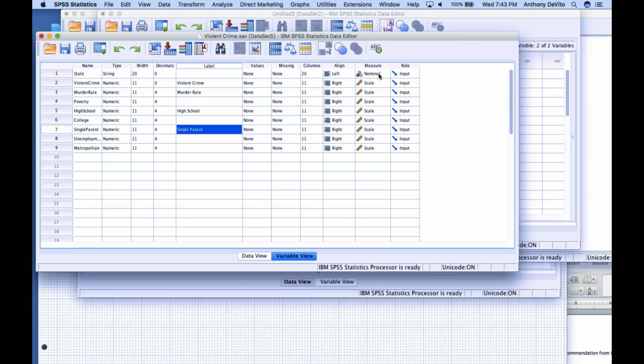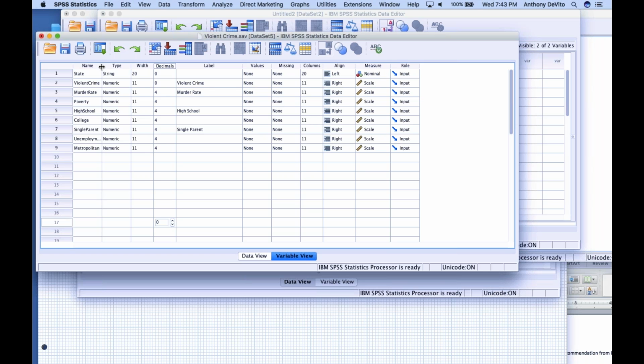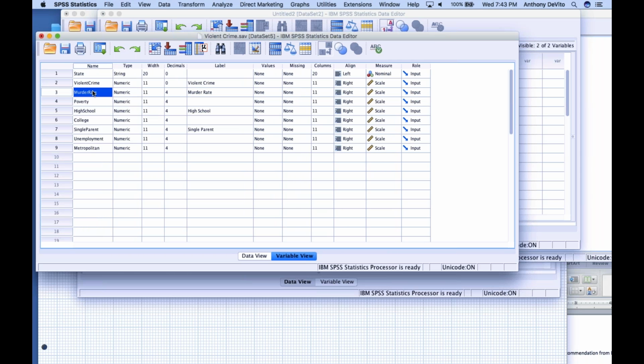Okay, but these are all scalar variables. The violent crime rate in each one of these states is probably the number of crimes per 100,000 individuals. The murder rate, again a numerical variable, is the number of murders per 100,000 individuals.